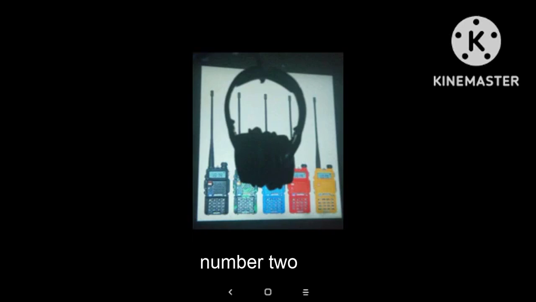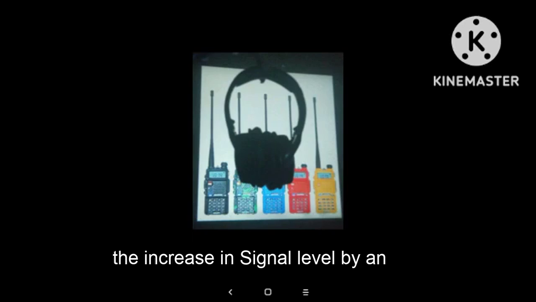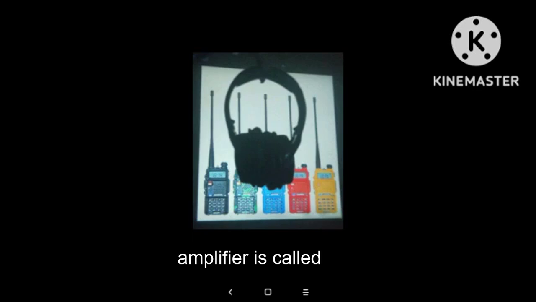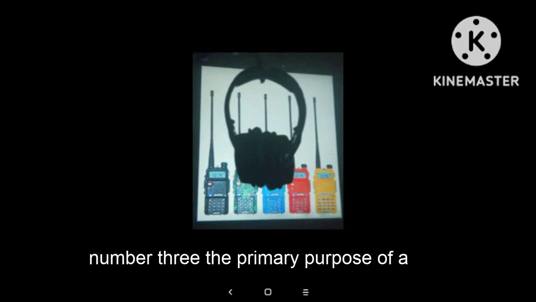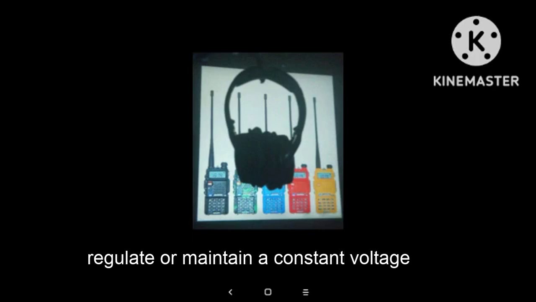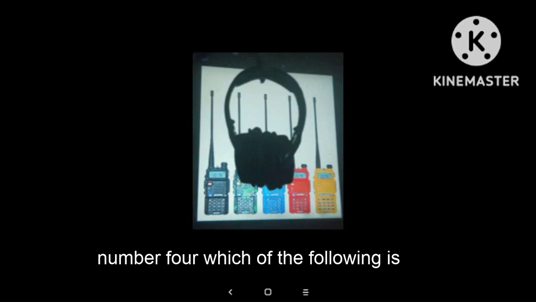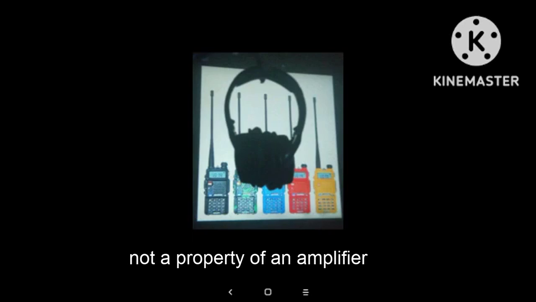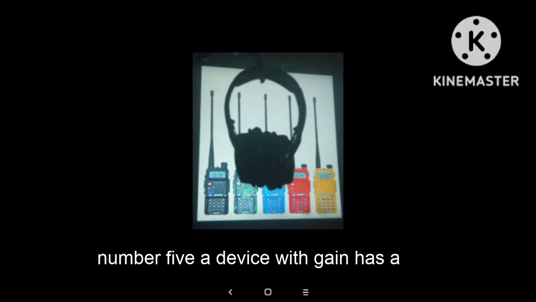Number 2. The increase in signal level by an amplifier is called gain. Number 3. The primary purpose of a Zener diode is to regulate or maintain a constant voltage. Number 4. Which of the following is not a property of an amplifier? Loss. Number 5.